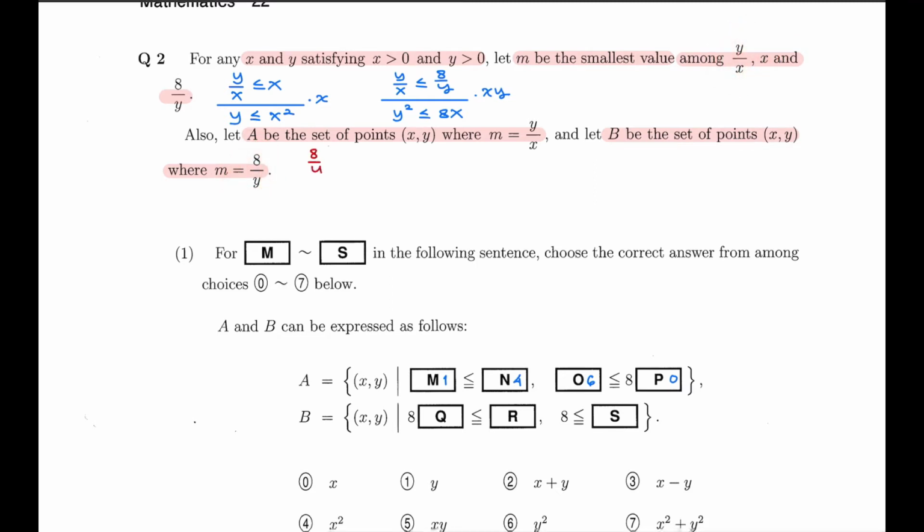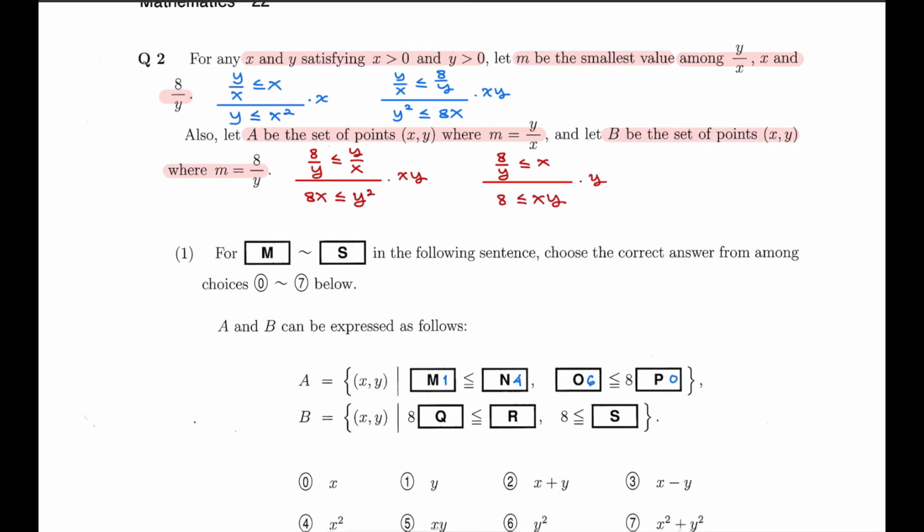So 8 over y less than or equal to y over x, multiplied by xy to remove the denominator: 8 over y times xy, I get 8x less than or equal to y squared. And then the second one, 8 over y must be less than or equal to x. Multiply this inequality by y, and we obtain 8 less than or equal to xy.